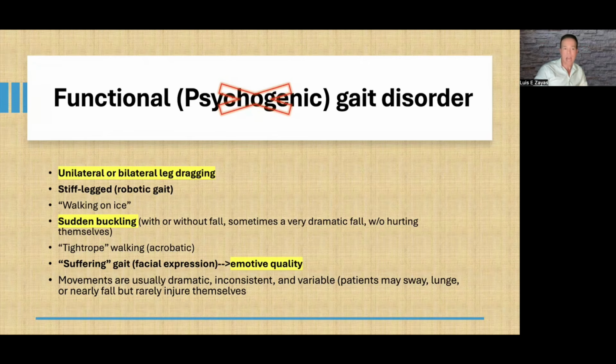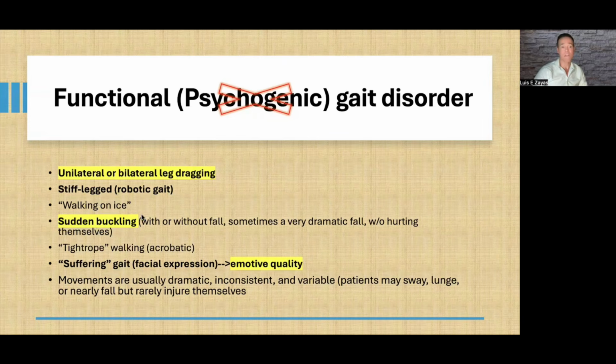Unilateral or bilateral, sometimes alternate dragging of the leg, that's characteristic. There's some type of gait that we call robotic gait. That's characteristic. This type of gait is very common, actually, walking on ice. And you will see this in the next video, walking on ice.